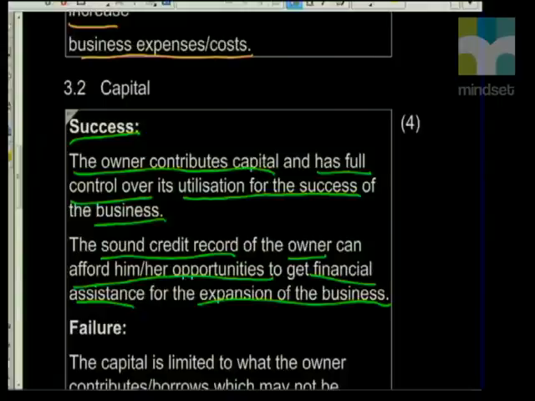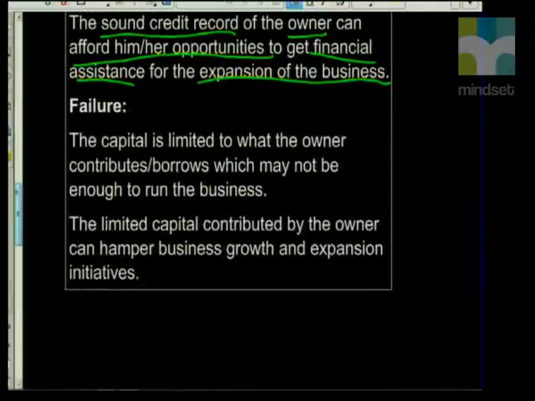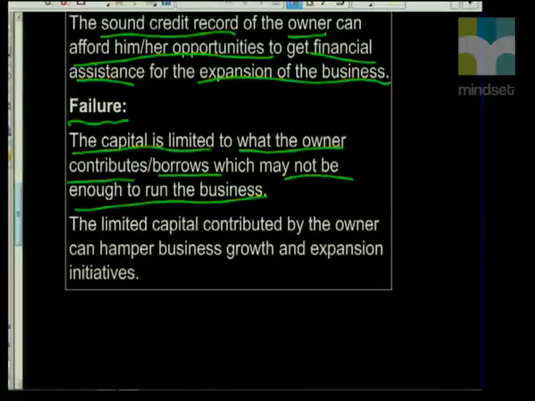So it depends on how successful the entrepreneur or the owner or the sole trader is in his personal life to a large extent, and this will affect the business. What could lead to failure in regard to capital would be, first off, that the capital is limited to what the owner contributes or borrows, which may not be enough to run the business.